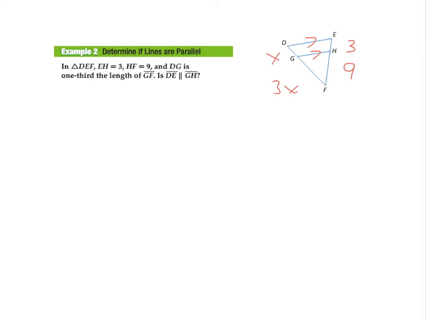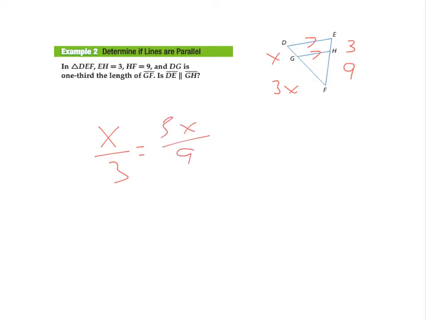Well, the side splitter theorem would say that if the sides are proportional, then the lines will be parallel, right? So is x to 3, going from this side right here to this side, equal to 3x to 9?